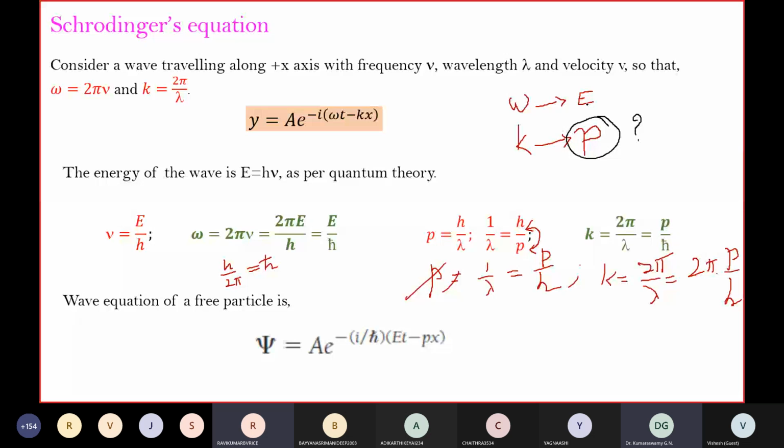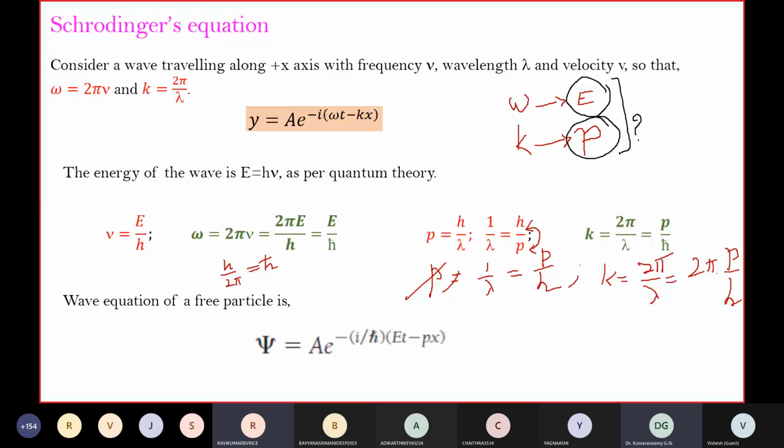And P always indicates a particle, right? Therefore, we have replaced omega and K with E and P. As E is obtained by considering the particle nature of light, and P represents a particle, these two combined represent particle nature.